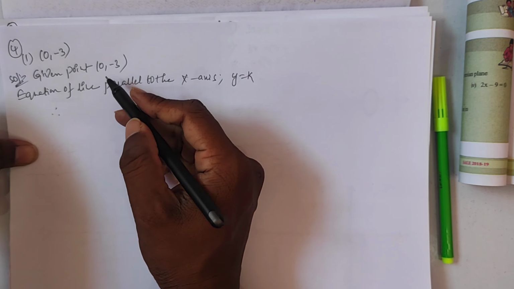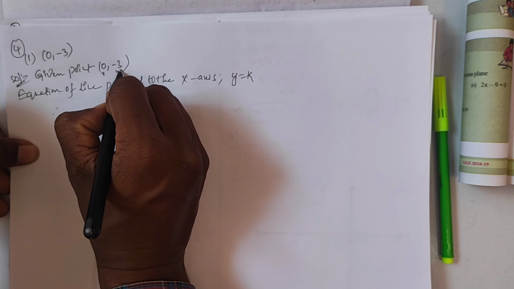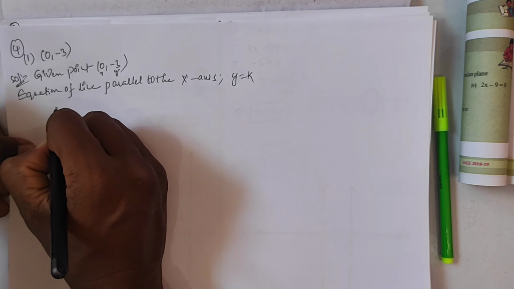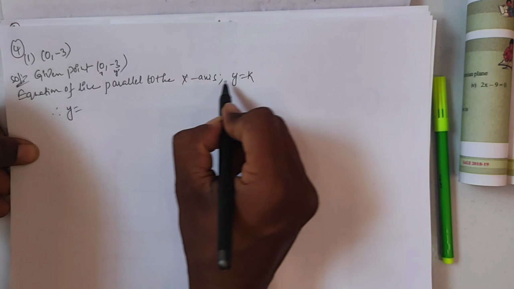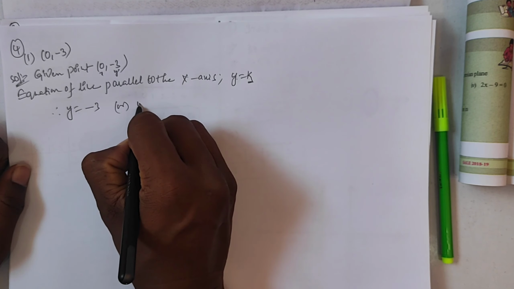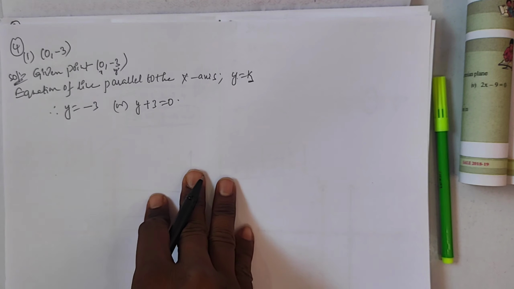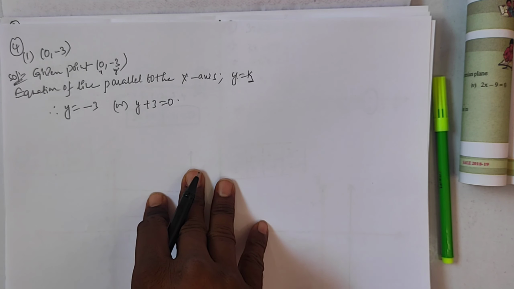So the required equation: this is the x quantity, this is the y quantity. You will get y equals the constant we have here, minus 3, or you can say y minus 3 becomes y plus 3 equals 0 is the required equation.